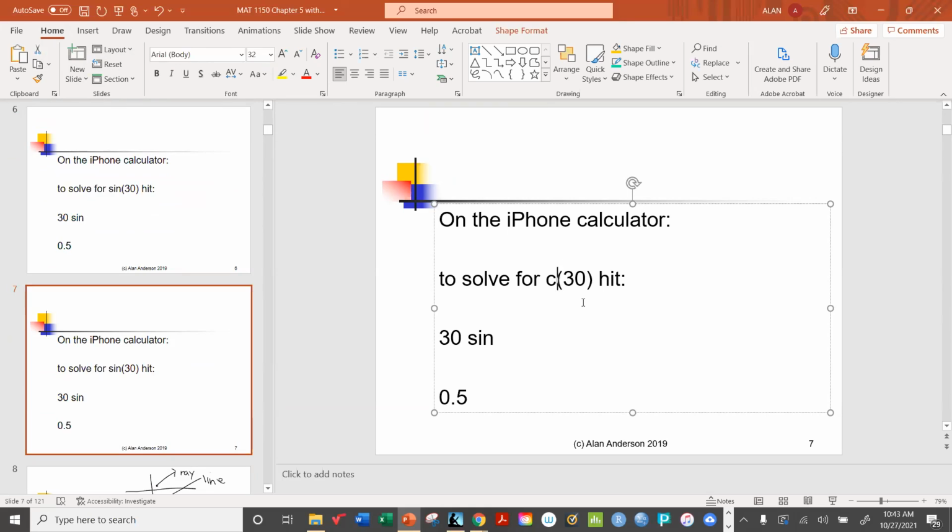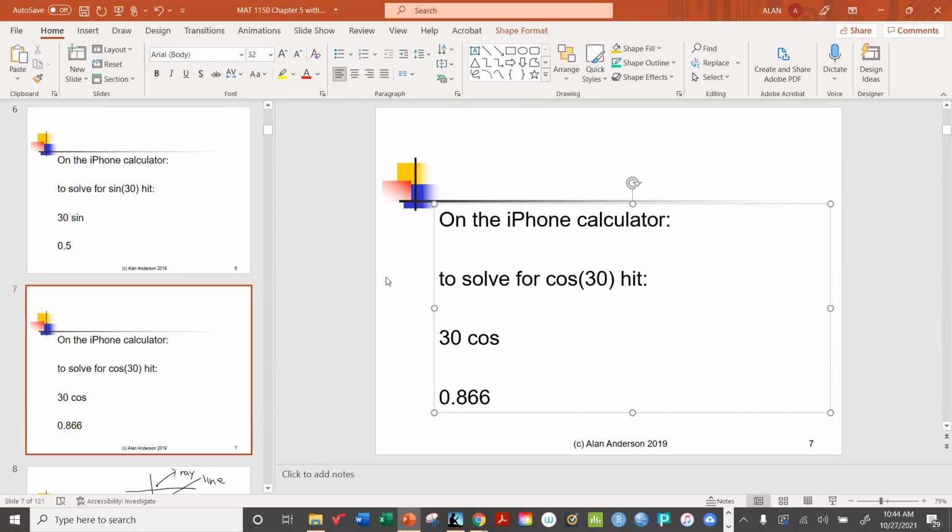So let's try that as an experiment. So 30 cosine, yeah, 0.866. So what you have to do is recognize that if you go back to your calculator and type radical 3 divided by 2, you will in fact get 0.866.